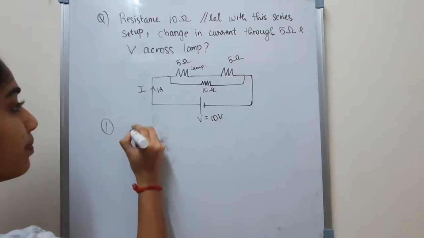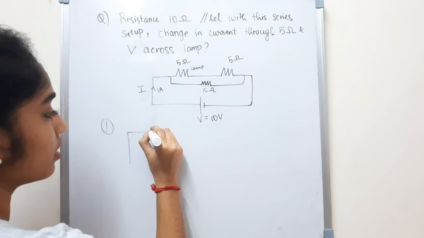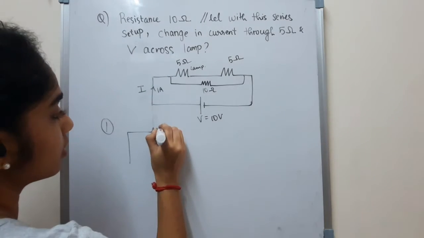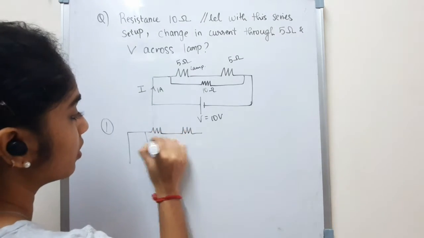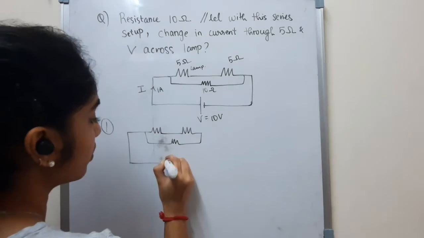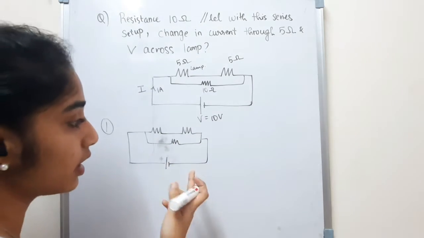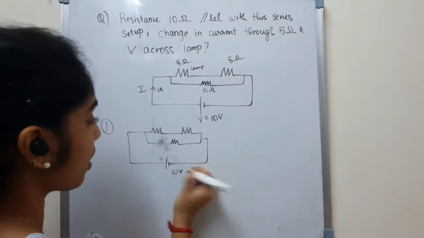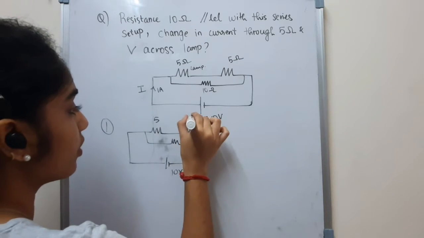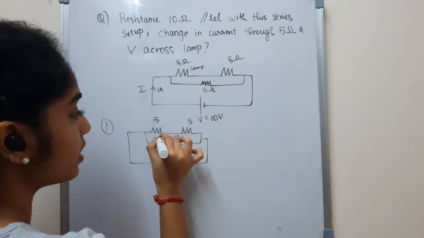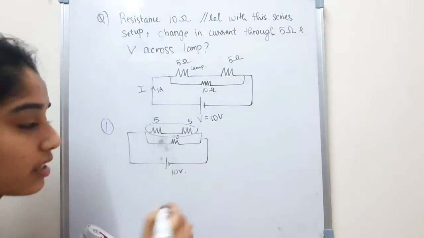First step, series, right? When you're finding the equivalent resistance, just ignore the voltage, it's not required. 5, 5 and 10. So these two are in series.